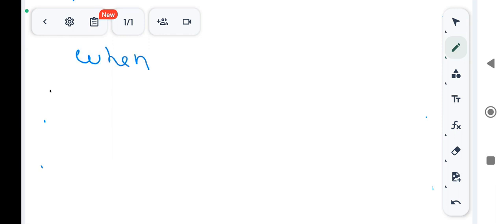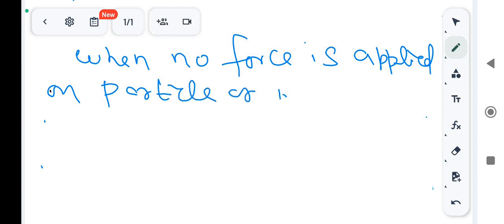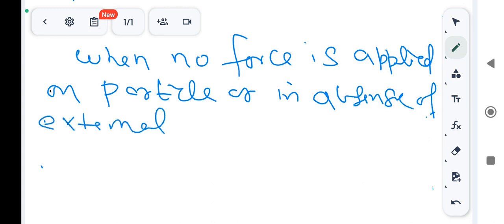When no force is applied on a particle, or in the absence of external force, what happened?